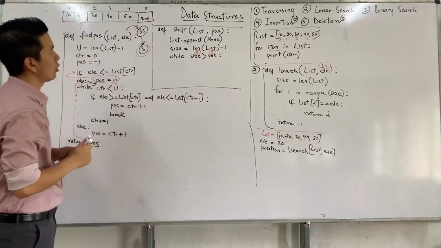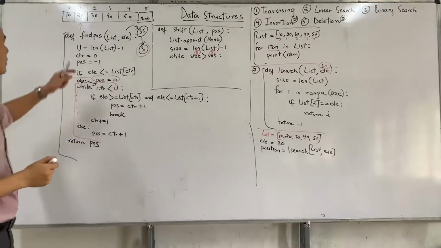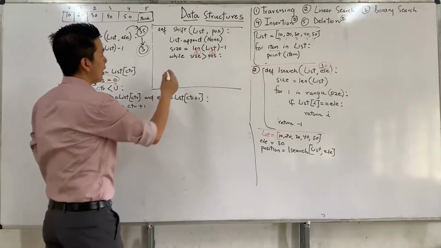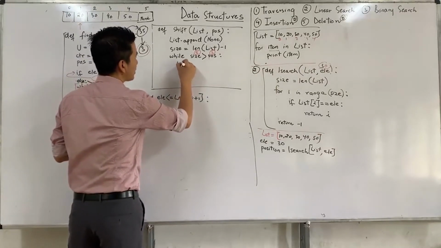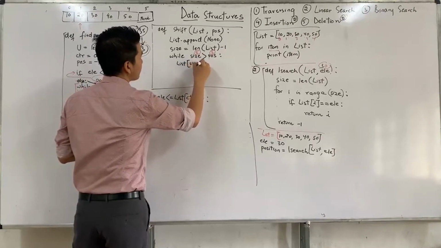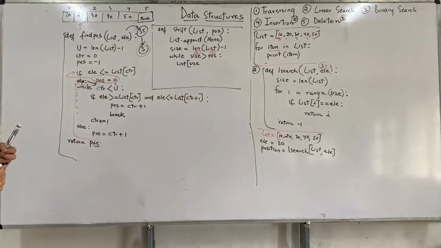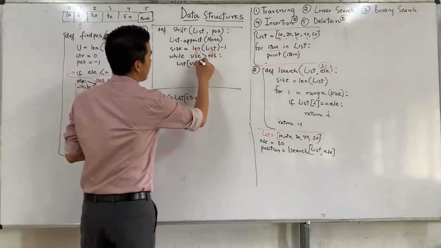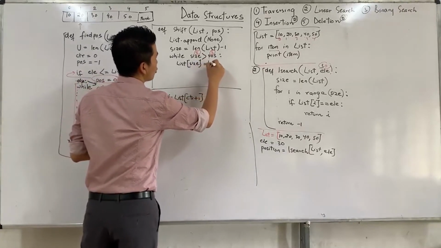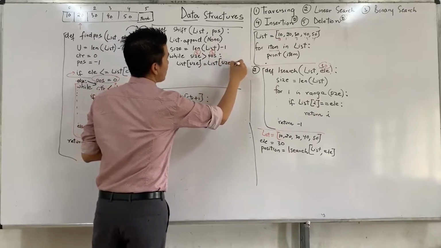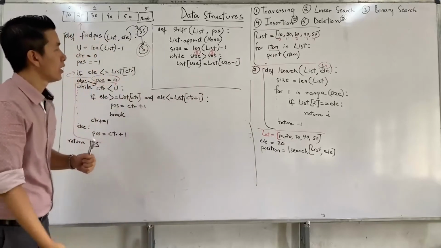The value of size is 5, right? So I'll have list of size, 0, 1, 2, 3, 4, 5, right? List of size is equal to list of size minus 1.